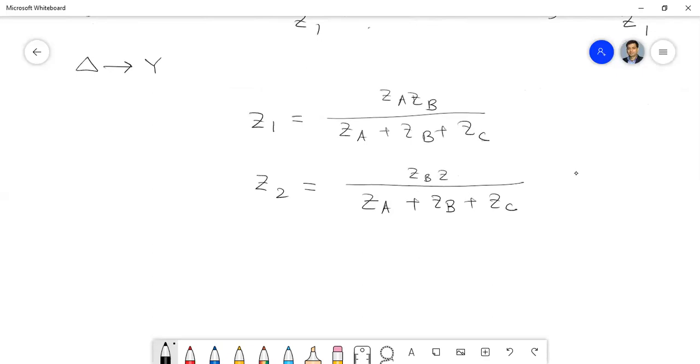And Z3 will be ZC ZA, each divided by ZA plus ZB plus ZC. Okay. So these are the transformation theories, and you can use them easily.